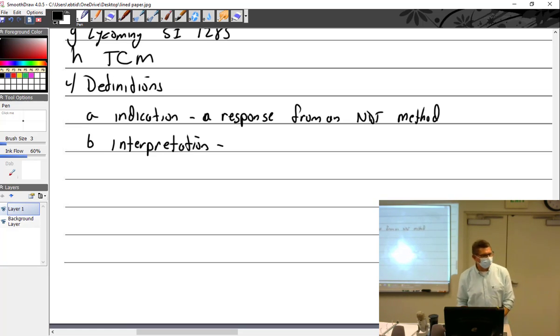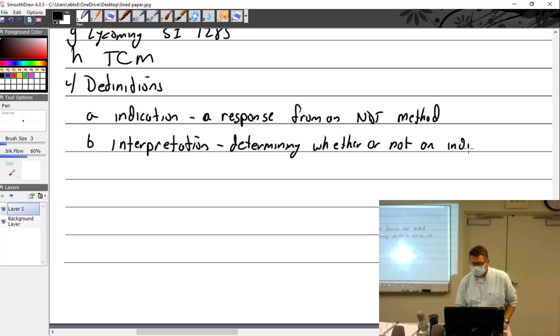So is that a relevant or not relevant indication? It's probably irrelevant. So interpretation is determining whether or not an indication is relevant or non-relevant.